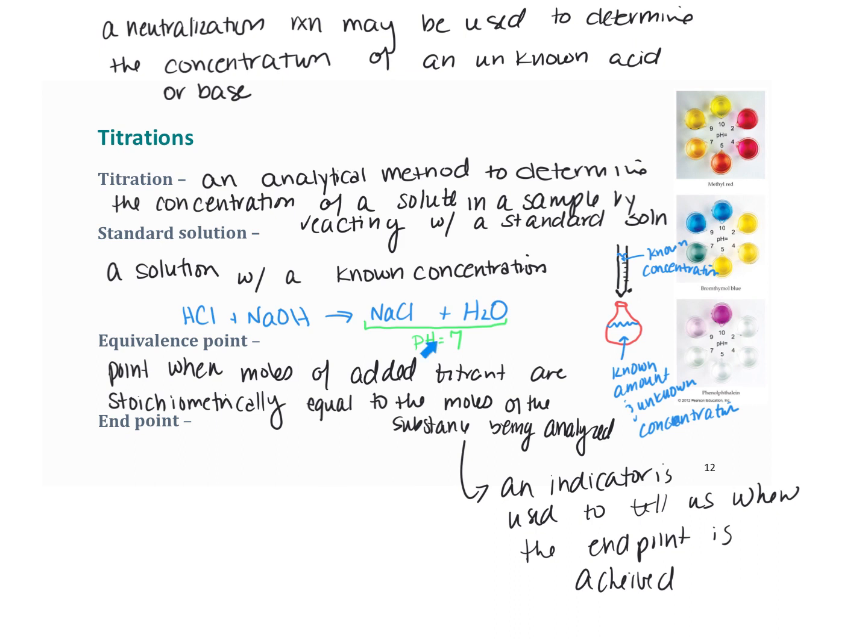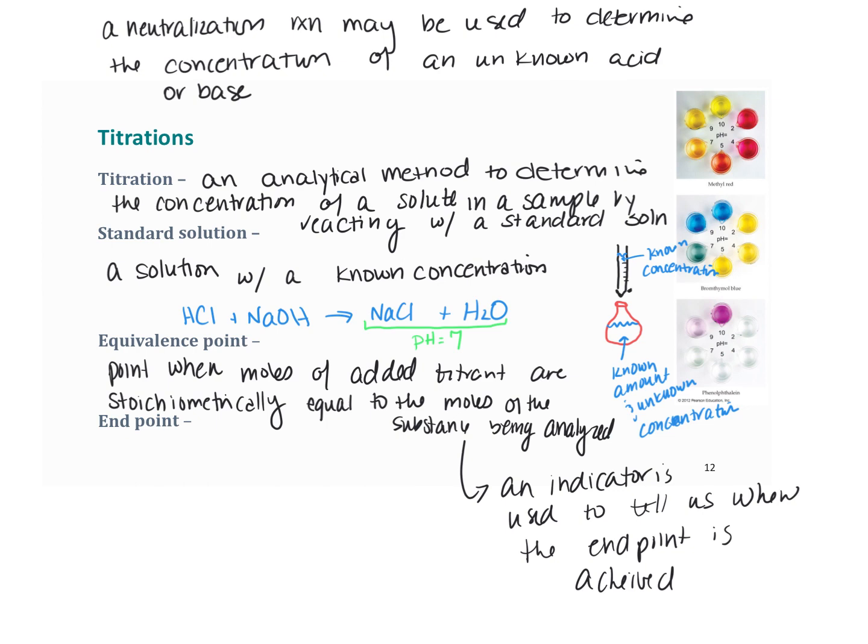So, for example, if we know these are in a 1-to-1 mole ratio at pH 7, that's going to happen right where we go from the 7 to the 9. So it would happen right where we saw the pink. Depending on what pH you have equivalence at, that determines the indicator that you would use. This is an example of bromothymol blue, this is methyl red, and they change between several different colors.